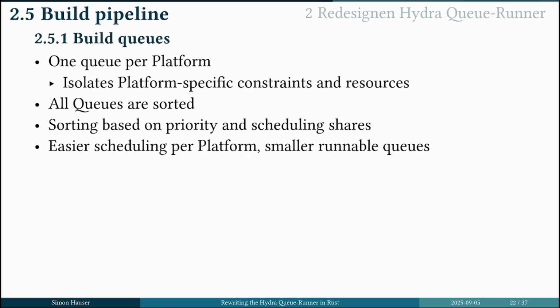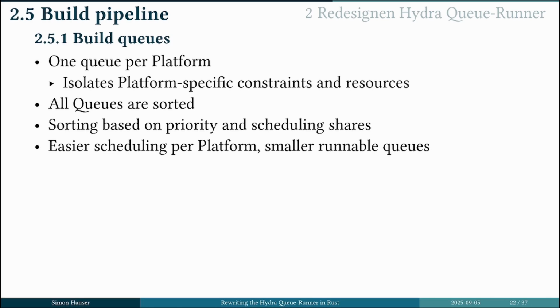So we did some more changes. Currently, there is only one build queue for all platforms. This is sorted, and for all platforms. So basically, x86 and Darwin are in the same build queue, which caused some problems, for example, that Darwin builds are prioritized above x86 Linux.